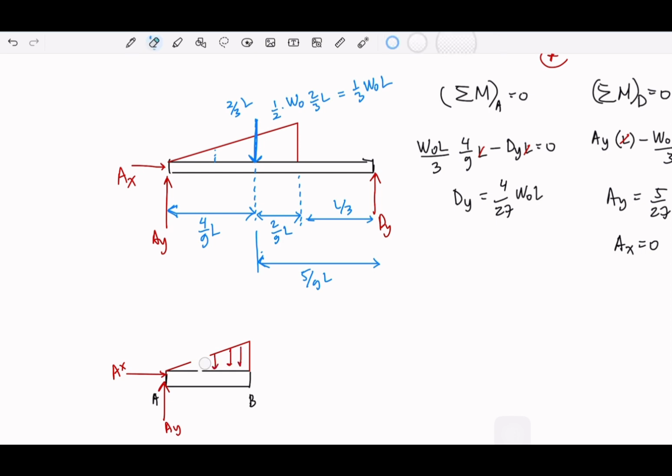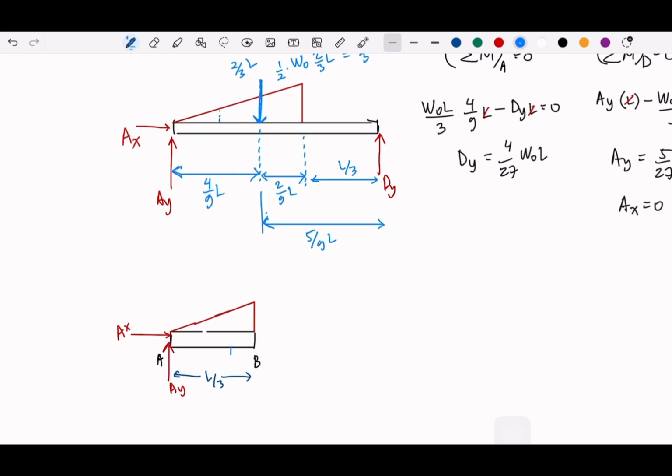Or let me just write the final resultant. Now it's L over 3, the total distance. So we are going to have 2 over 3 of L over 3. So this will be 2 over 9 L. This will be 1 over 9 L, right?